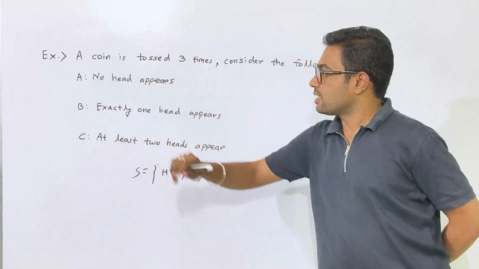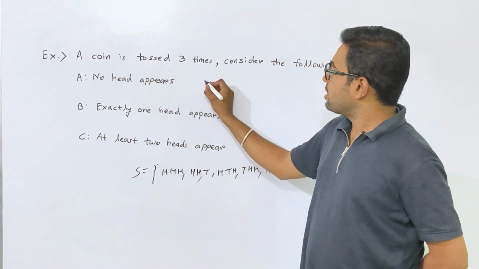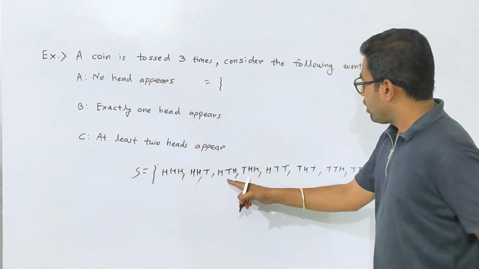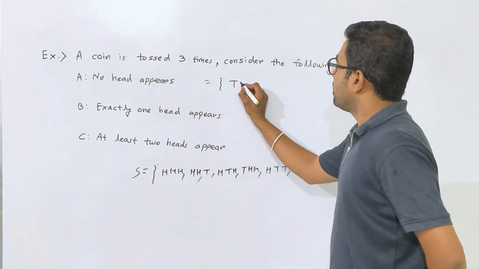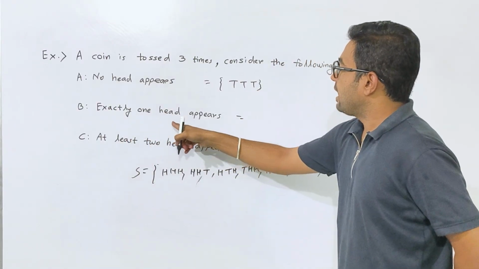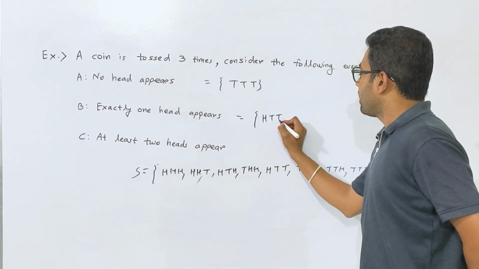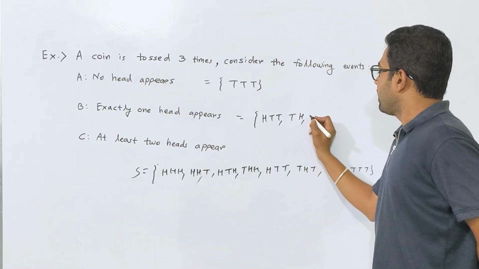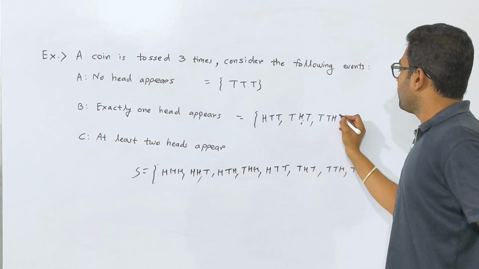Now let's see the first event: no head appears. No head appears means only this possibility, TTT. Exactly 1 head appears. Exactly 1 head means HTT, THT and TTH.